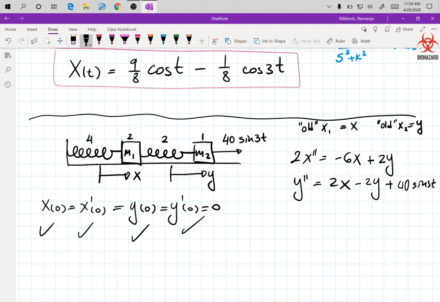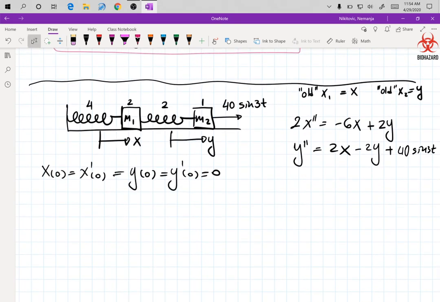Then you apply this yanking force that sets the whole thing in motion. And now with x and y of t, you are tracing the positions of these masses in time.